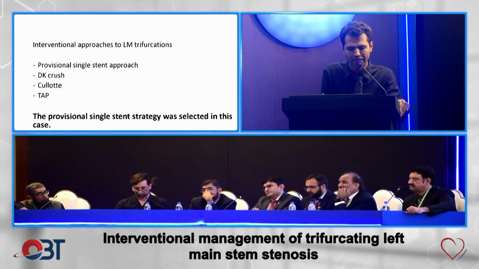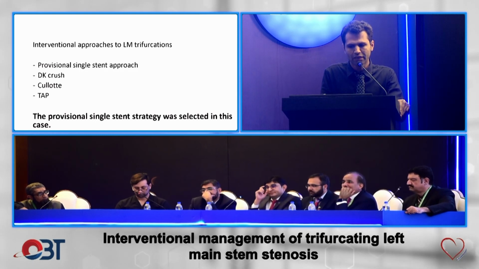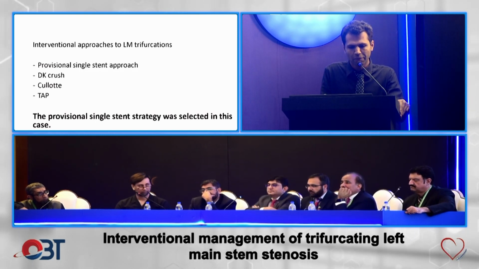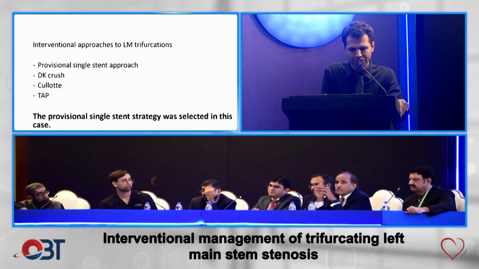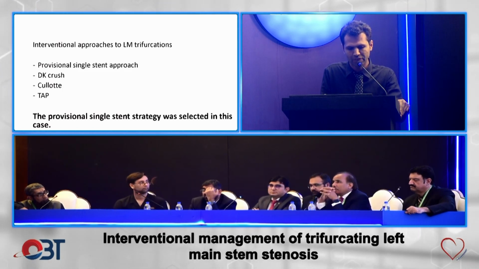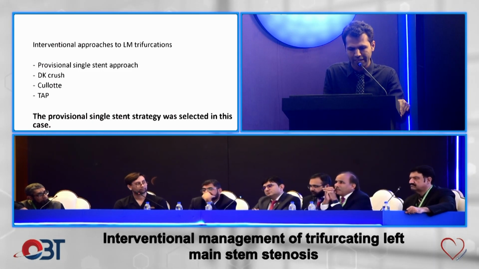So it was significant. These are the interventional approaches to left main trifurcations. First is the provisional single stent approach, then DK crush, culotte, and TAP. The provisional single stent strategy was selected in this case.